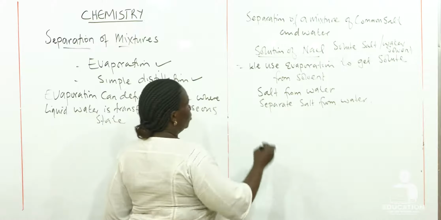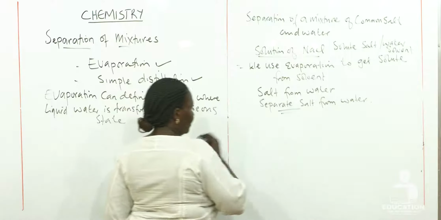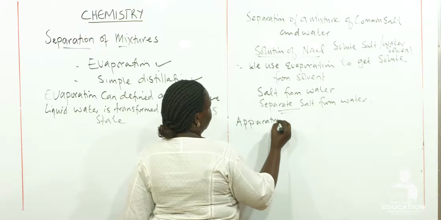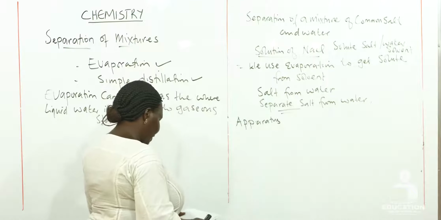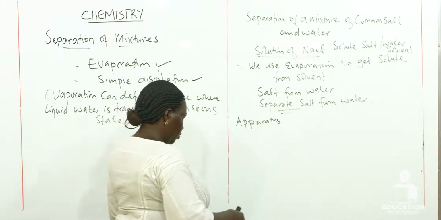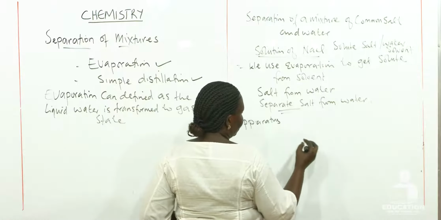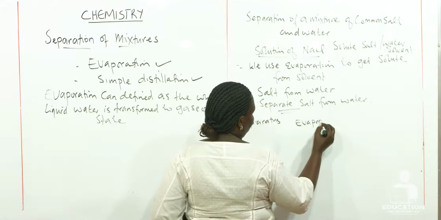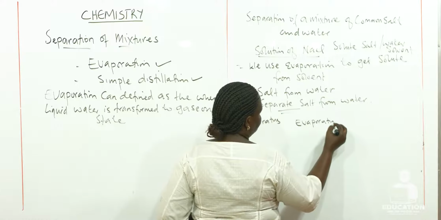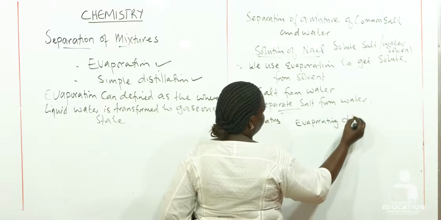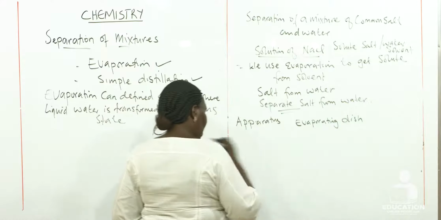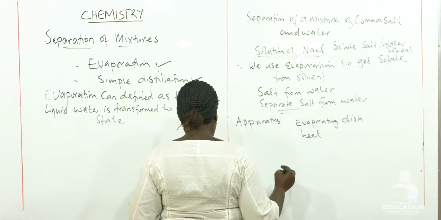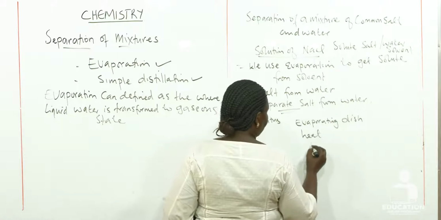In order for us to carry out the evaporation process, we need apparatus. So our apparatus here is the evaporating dish, heat, and a water bath.